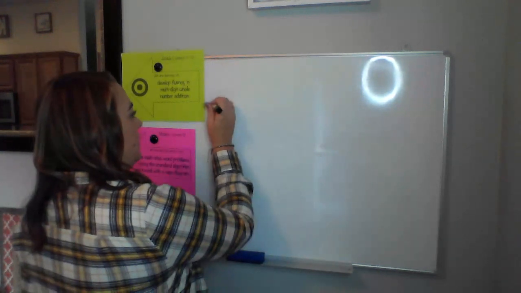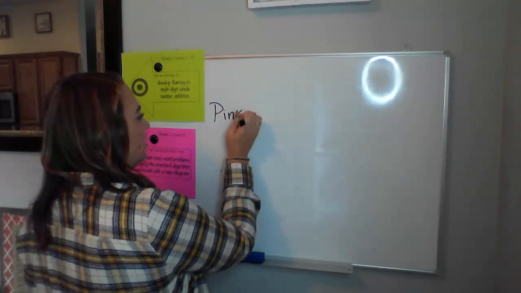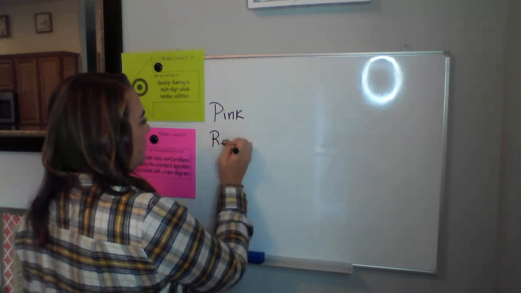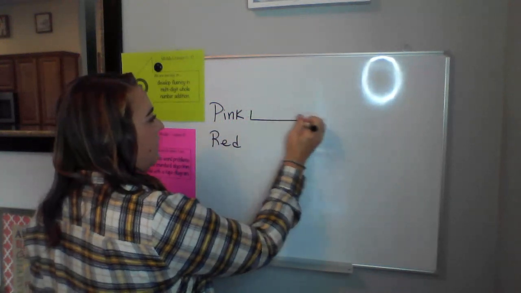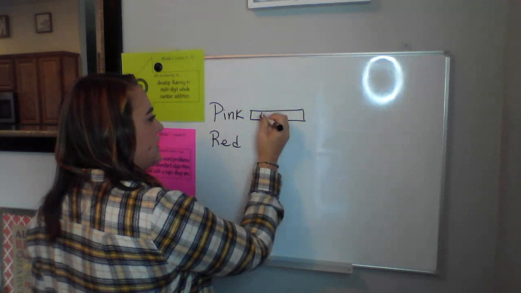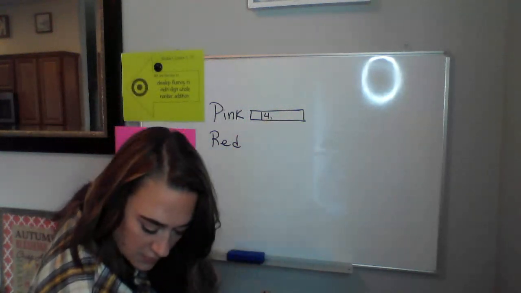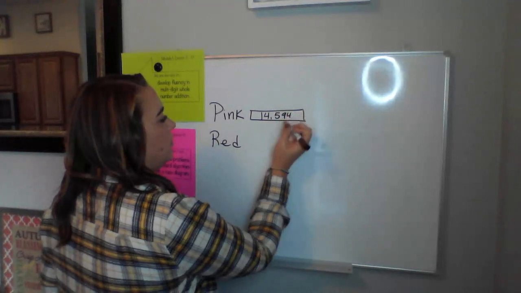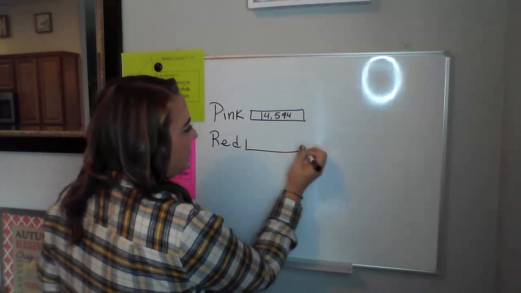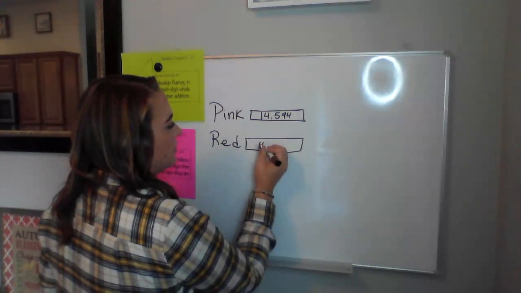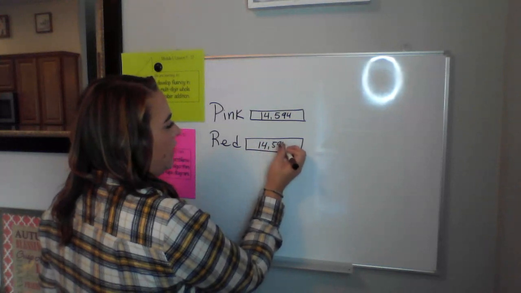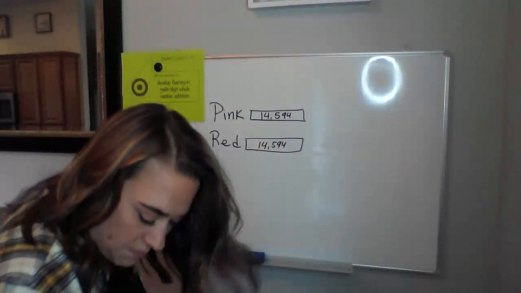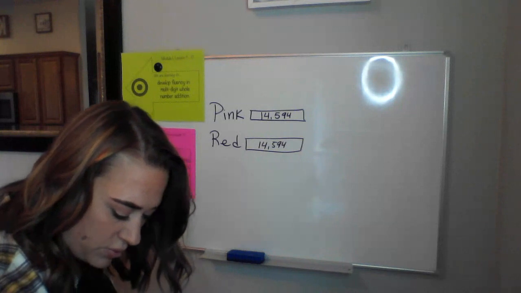I'll draw this a little bit bigger for you guys. So we have our pink and our red. We have 14,594. We know that they sold the same amount of pink roses, but they also sold more.